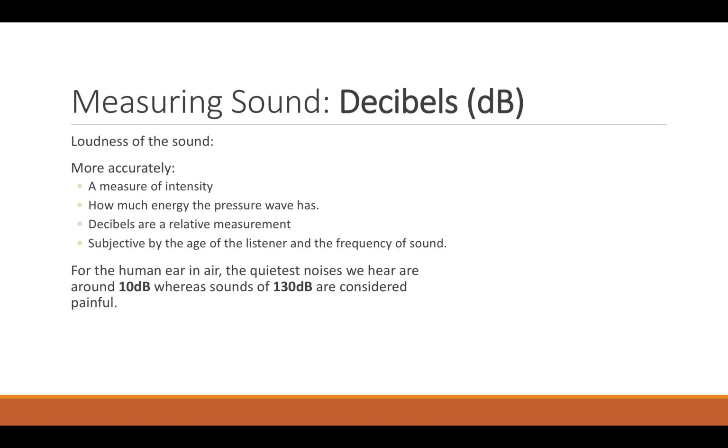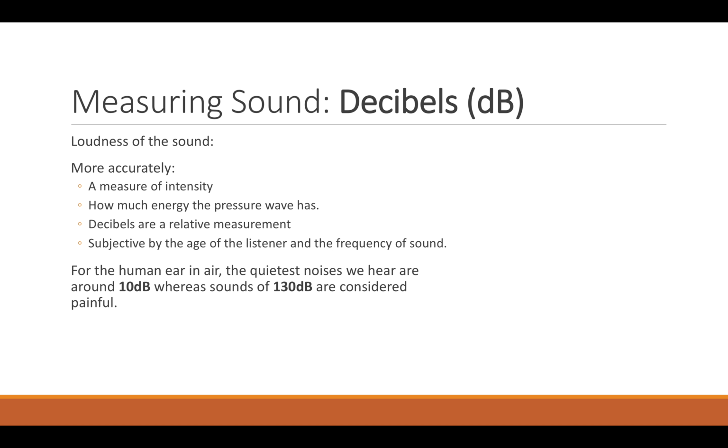Okay, another measurement of sound that we want to think about is decibels. So decibels are, in essence, how loud something is, but we can more accurately think about them as a measure of intensity. They're discussed as a relative measurement, although you can in software increase the decibel level of a sound or decrease it.